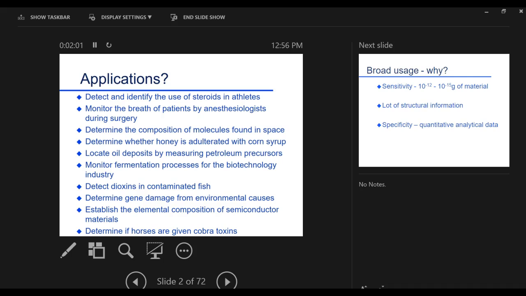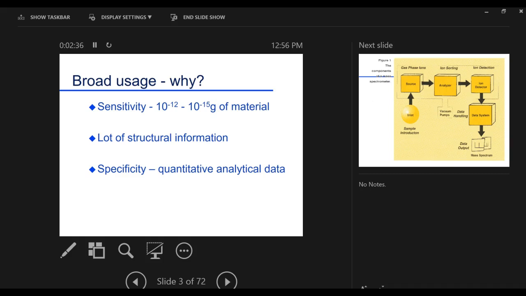So the idea of identifying, quantifying, such as steroids in athletes, monitoring the breath of patients by anesthesiologists during surgery to make sure they're getting the right dosage of things, determine the composition of molecules found in space or someplace else, determine whether honey is adulterated with corn syrup, locate oil deposits by measuring petroleum precursors, monitor fermentation, look at dioxins and contaminated fish. You can go right on down the line. That's a small list. It's an amazing number of things where this technique is useful to us.